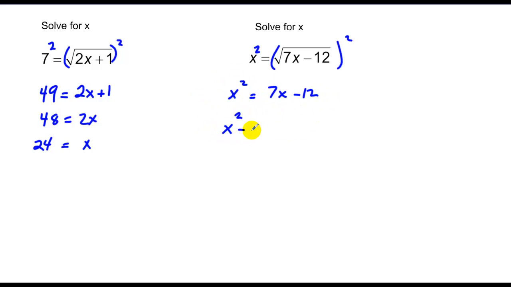So I'll set it equal to 0 and say what multiplies to 12 and gets me 7. It's looking like x minus 4, x minus 3 equals 0, so we end up with 3 and 4 as our two solutions. And remember, if this didn't factor, we could still use the quadratic formula.